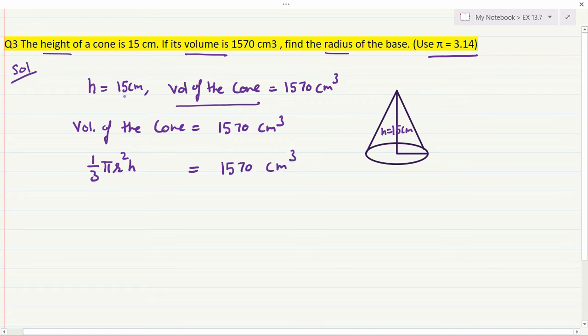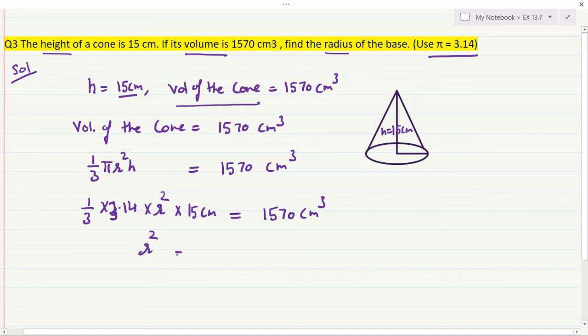Now put the value here. H is given to us here. So 1 by 3, in place of pi we have to take 3.14. This is 3. I hope it is clear to you now. Now this is r square and h is 15 centimeter. And this is 1570 centimeter cube, right?